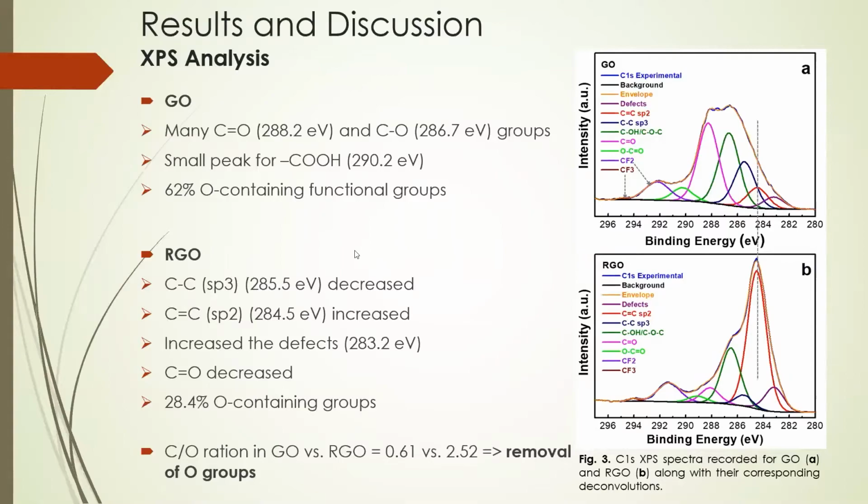Moreover, the percentage of oxygen-containing groups decreased from 62% in GO to 28% in RGO. Also, the carbon-oxygen ratio in GO versus RGO increased from 0.61 to 2.52, which confirms again the removal of the oxygen groups from the surface of the graphitic lattice.